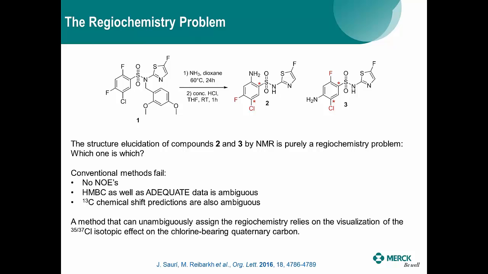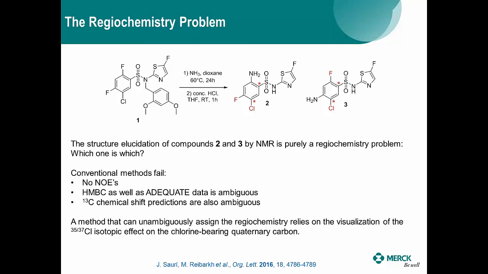But here conventional methods failed because there was no NOE, no proton-proton NOE or ROESY that could help here. Also, HMBC and ADEQUATE data were too ambiguous because of the symmetry of the molecule, and they are pretty much the same compound.